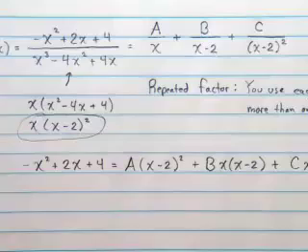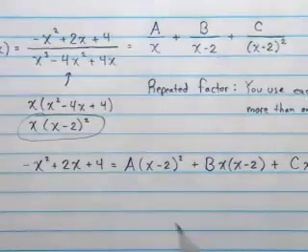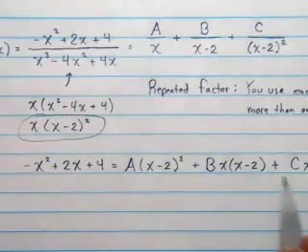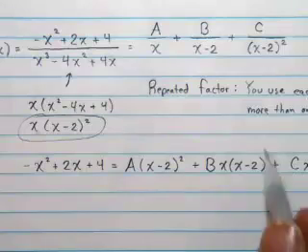Okay, and then from there, what we did was we tried to match up all the x squared terms and the x terms and the constant terms, which we can still do. I do a little multiplying things out and distributing here on the right-hand side to be able to set that all up.